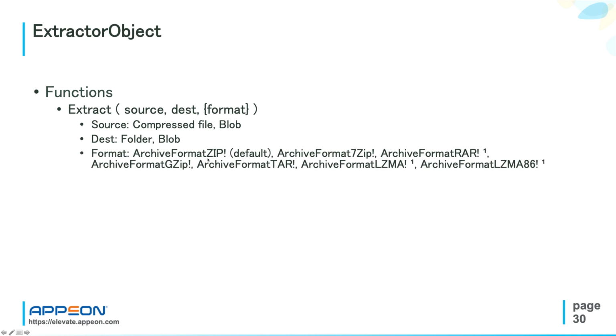So zip, 7-zip, gzip, tar, but also you can extract compressed objects from RAR format, LZMA, and LZMA86. These latest formats are not supported by the compressor object.